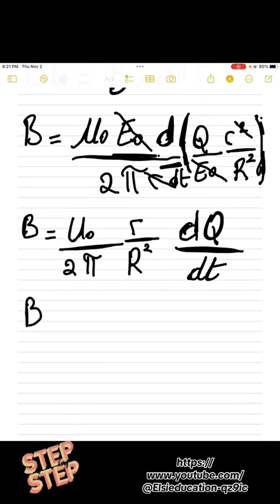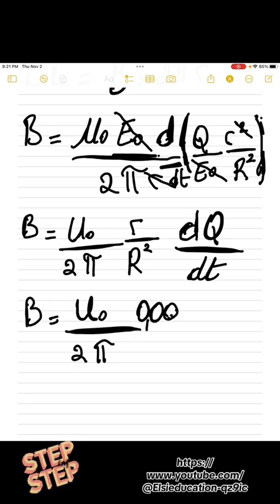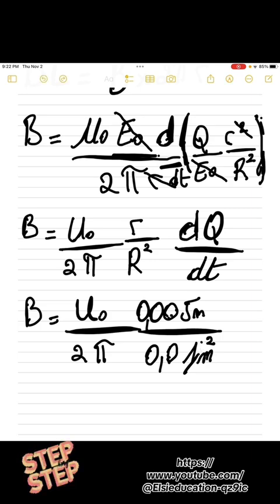So the magnetic field equals the constant divided by 2π, times the distance that we're supposed to measure from the axis, which is 0.5 centimeter, and we're going to convert it to meters, divided by the radius of the plate, which is 0.01 meter, and don't forget it's squared, times 0.5 coulomb per second.